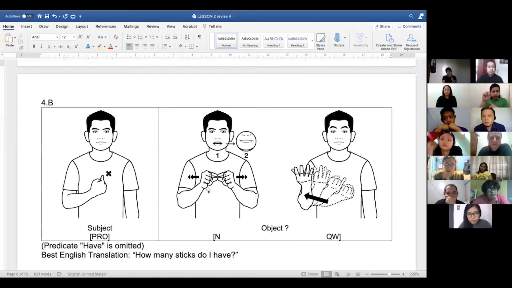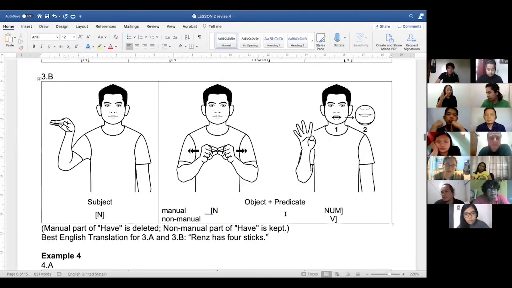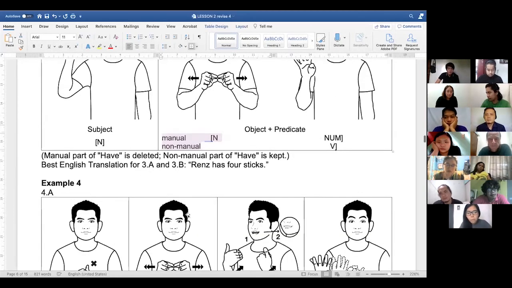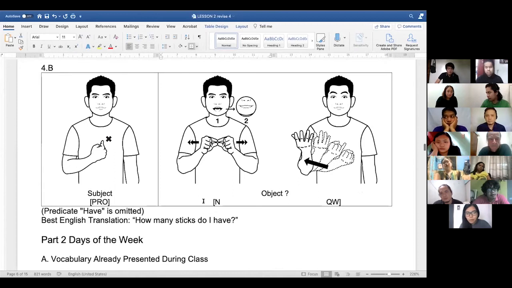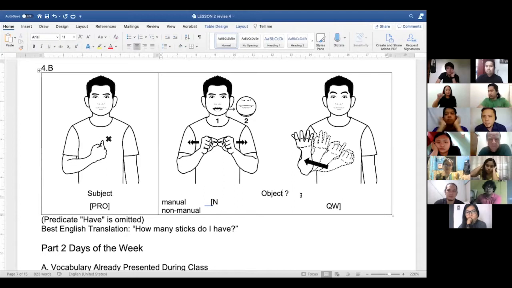Yes, because you deleted the non-manual, yes. Deleted the manual part, kept the non-manual. And then plus predicate. Yes.